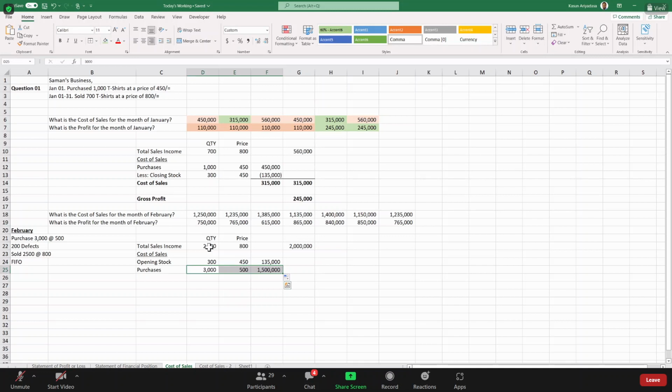That does not belong to this 2,500. So we have to remove those defects, less purchase return.